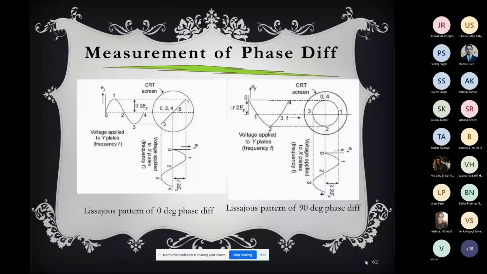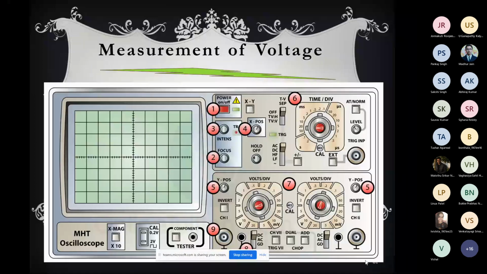So in the CRO, this is the panel and there is a scope of giving two signals through two channels. You can see channel 1, you can see channel 2, and you can see the point on the left hand side where you can attach the probe.